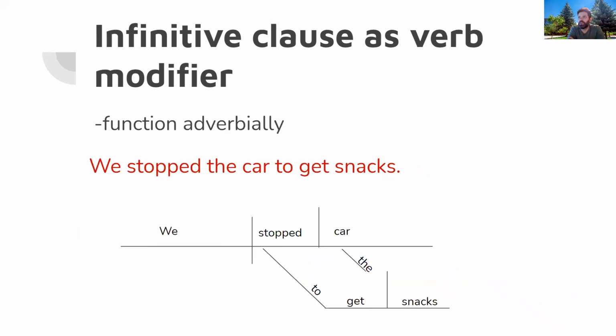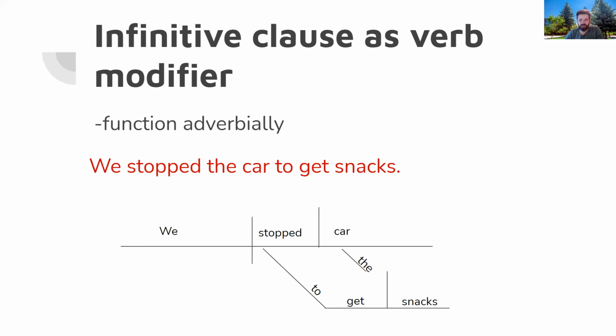And let's look at an example here where they can function adverbially. Remember, adverbs describe verbs. So we have, we stopped the car to get snacks. So we have, we stopped the car, and then we have to get snacks, which would be like for us to get snacks. Okay? But we can drop off the for us and just replace it with the to get snacks.